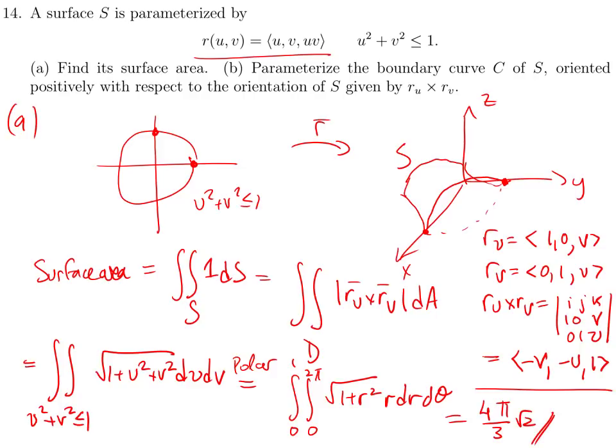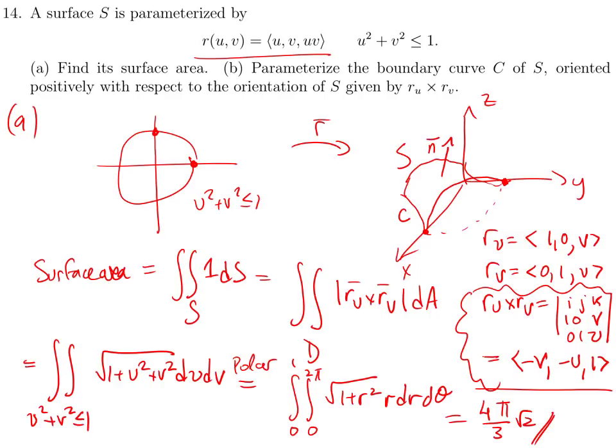Okay, and now the second part is to find a parametrization of the boundary. So the boundary curve is this C, and I want to find a parametrization that's oriented positively with respect to the orientation of S given by RU cross RV. So the orientation of S given by RU cross RV is this, and the Z direction is pointing up. So this is the orientation where the surface is oriented up like this, normal vector.